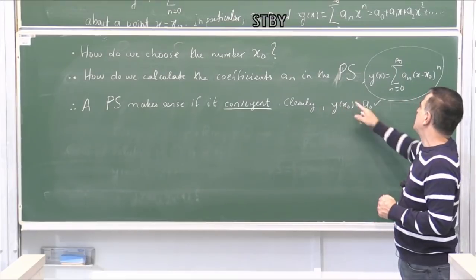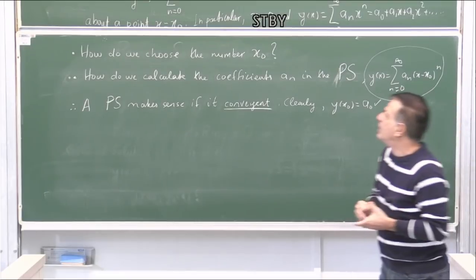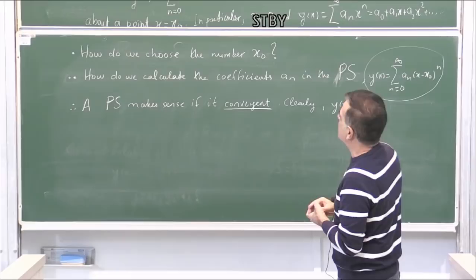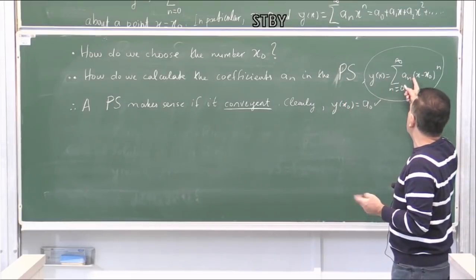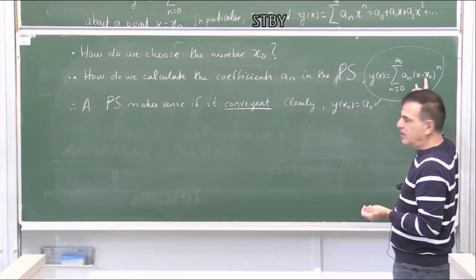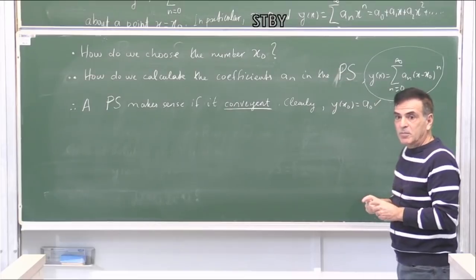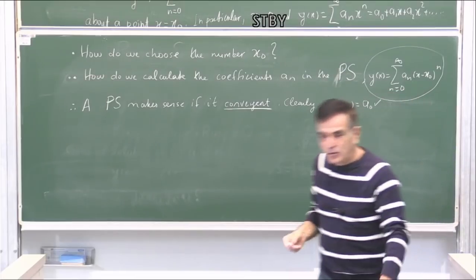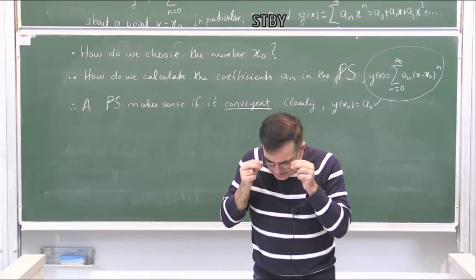Remember, the point x equal to x0 is called the center of the power series or the Taylor series, right? So it makes sense at its center. So it is a0. But does it make sense for any other values of x?